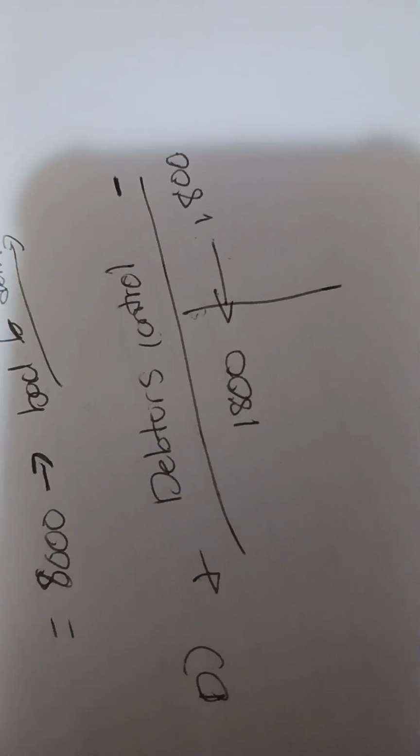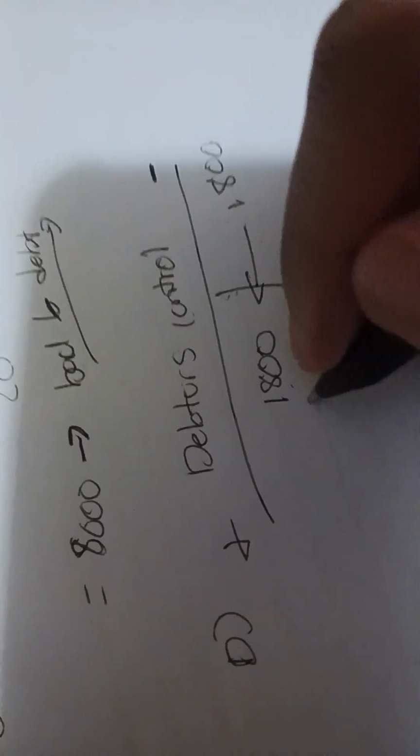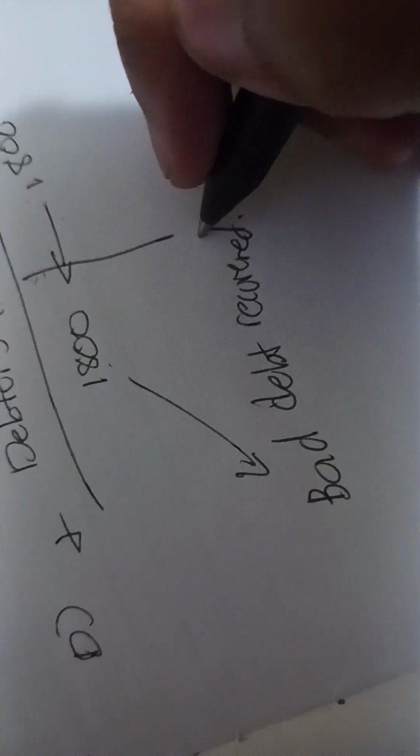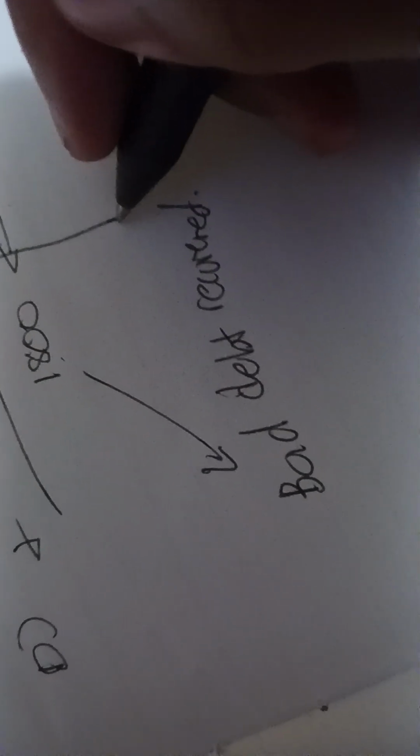You bring it to the other side. That's how you do it. And then record this as a bad debt recovered. I hope you guys understand. It's very straightforward. All right. So let's move on to the next one.